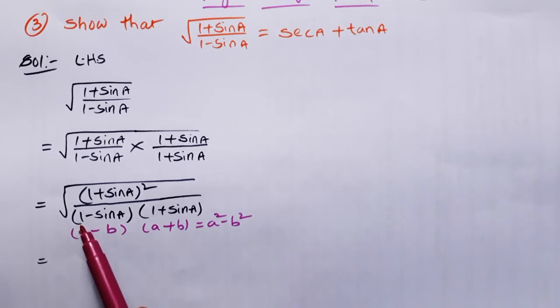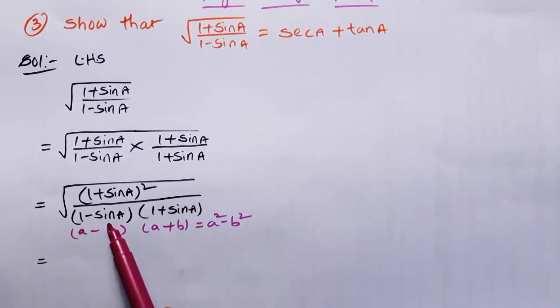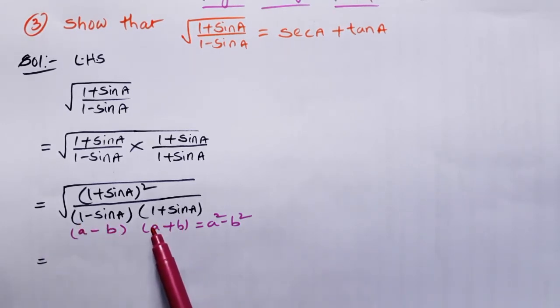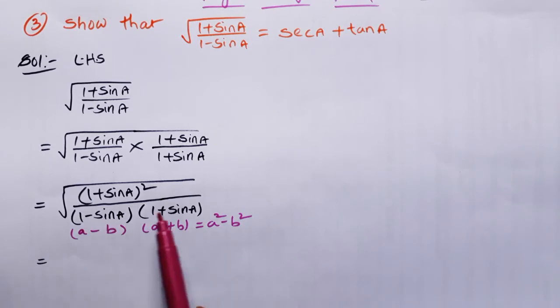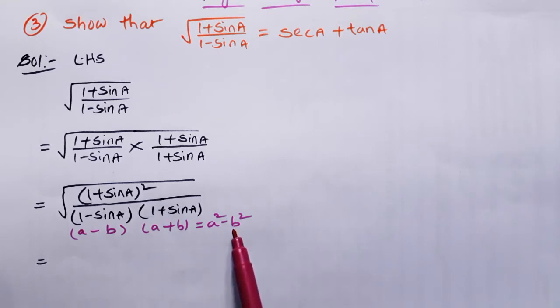A means 1, B means sin A. This is A again 1, B is sin A. The answer is what? A square minus B square. So if you multiply 1 minus sin A into 1 plus sin A, the answer is A square minus B square. That means 1 square minus sin square. Here we have to write in the next step.